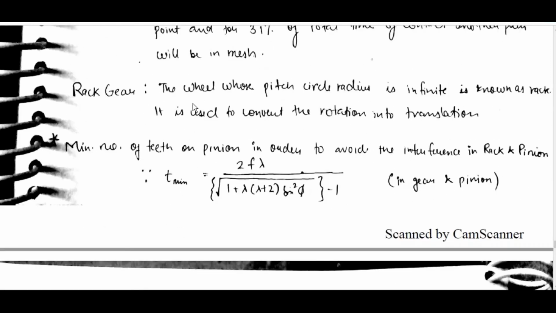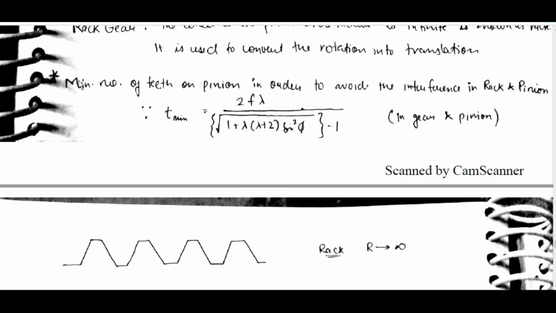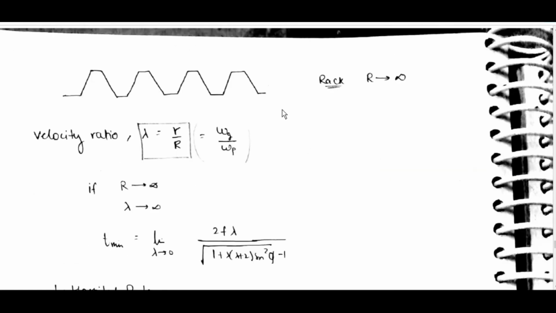Rack gear: the wheel whose pitch circle radius is infinity is known as a rack. It is used to convert rotation into translation. Minimum number of teeth on the pinion in order to avoid interference in rack and pinion. Small t minimum is equal to 2 f lambda by root of 1 plus lambda into (lambda plus 2) sin square phi, whole minus 1, in gear and pinion. For a rack, capital R tends to infinity.